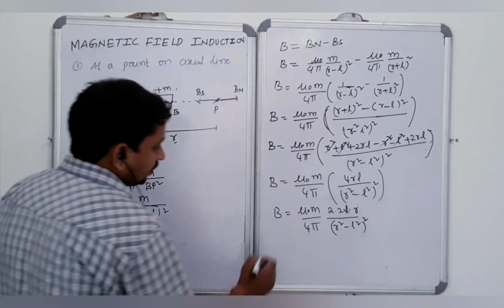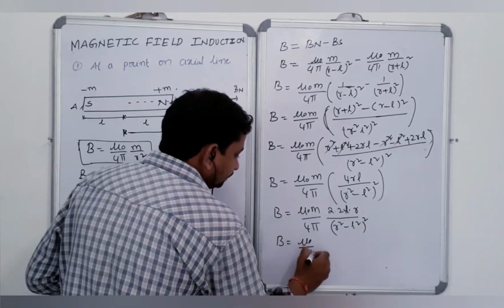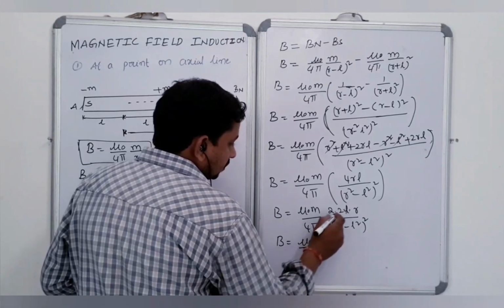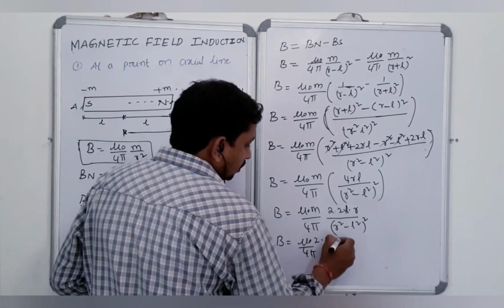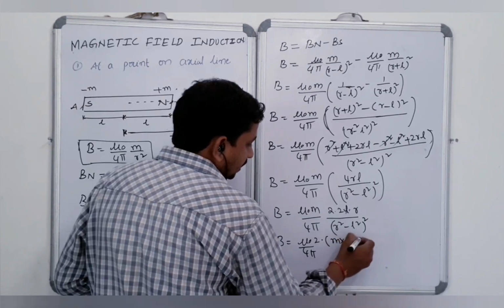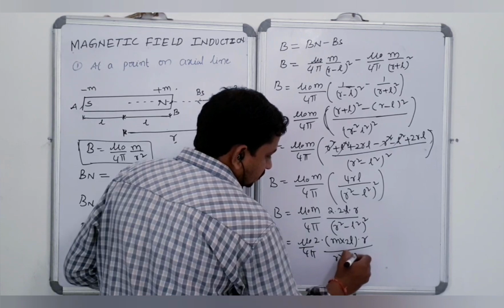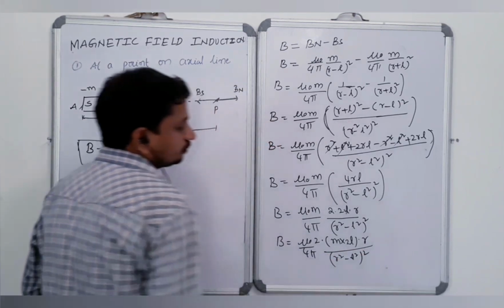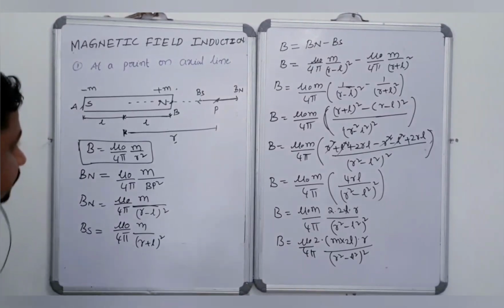So B is equal to mu naught by 4 pi, and you just have to write 2 into small m into 2L into r by r square minus L square whole square.